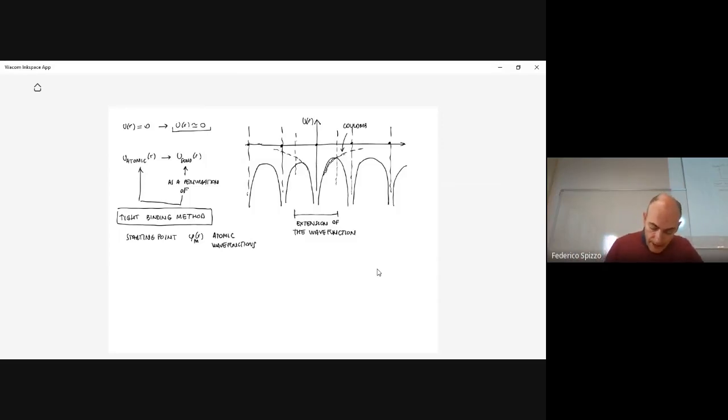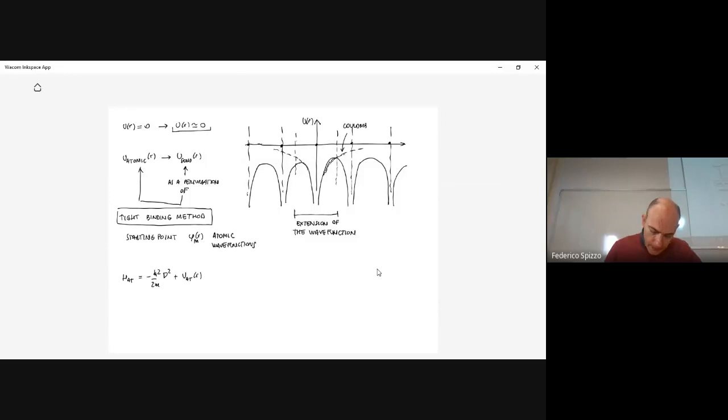So the idea is, if we suppose that this is the Hamiltonian of the atomic picture, and let's suppose that we are able to solve that Hamiltonian, so we know the wave functions that satisfy the atomic problem.